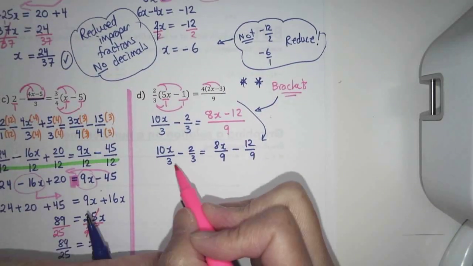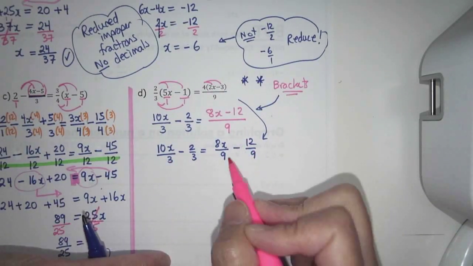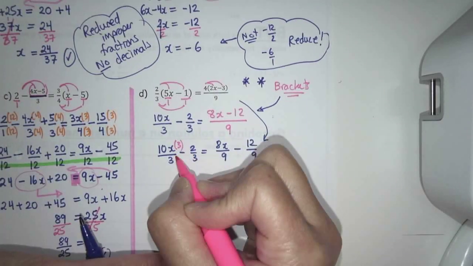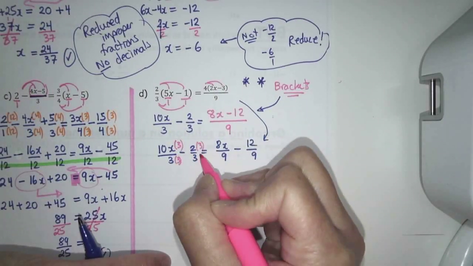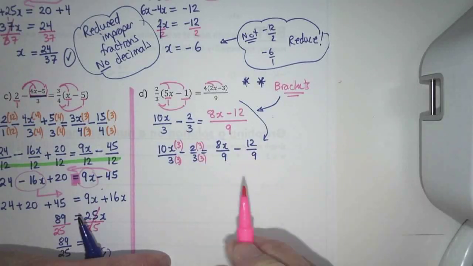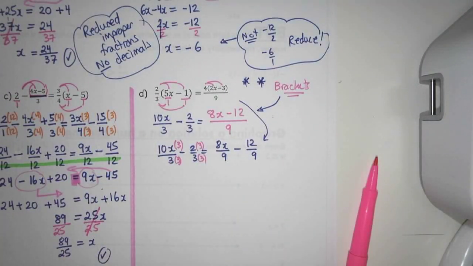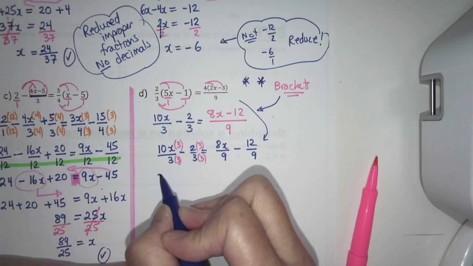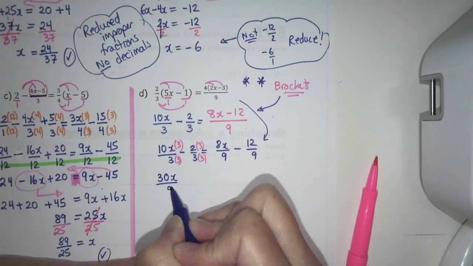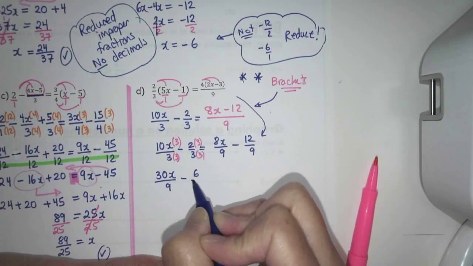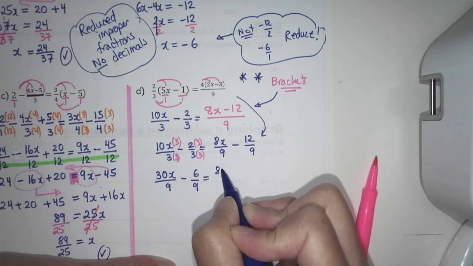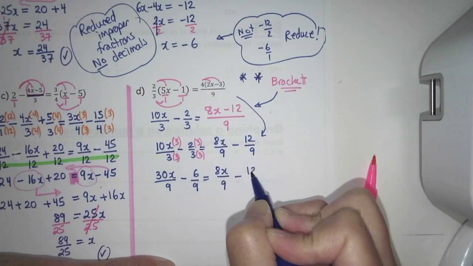And then you want lowest common. So between 3 and 9, my lowest common would be 9. So that means this is multiplied by 3. And this is multiplied by nothing. So then we're going to get 30x over 9. That becomes 6 over 9. That's 8x over 9.